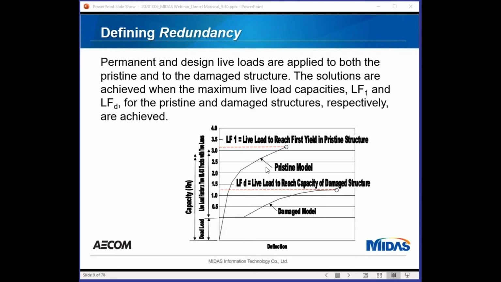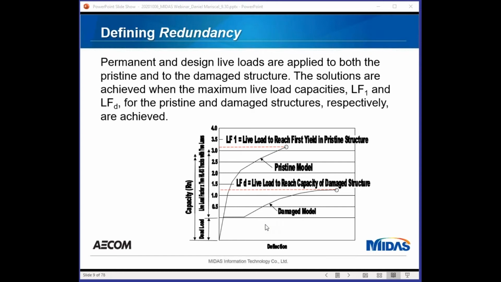This particular structure ruptured at a little bit over 3 times the live load. On the left side, the vertical axis is the total number of live loads. So we add the dead load, which is the little bottom part, and then we add the number of live loads. The second one is called the damage model, and again, this just represents how you measure the capacity of a structure.